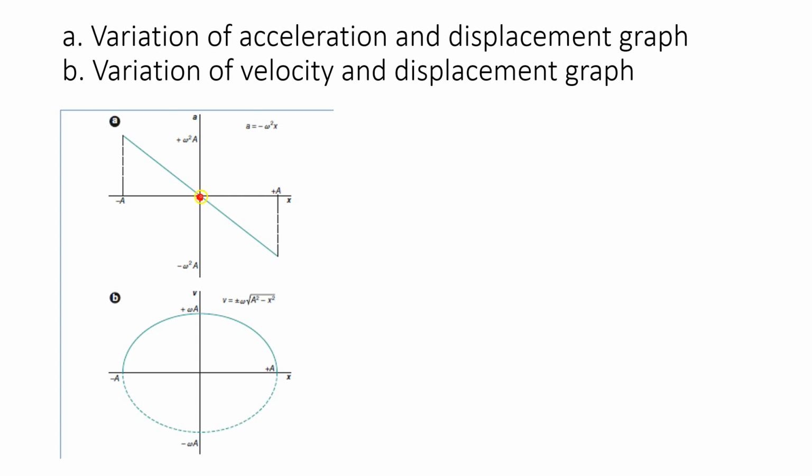So if you have not displaced the object from the equilibrium position, then the object will not have an acceleration. But the very moment you displace the object, it's now going to have an acceleration.